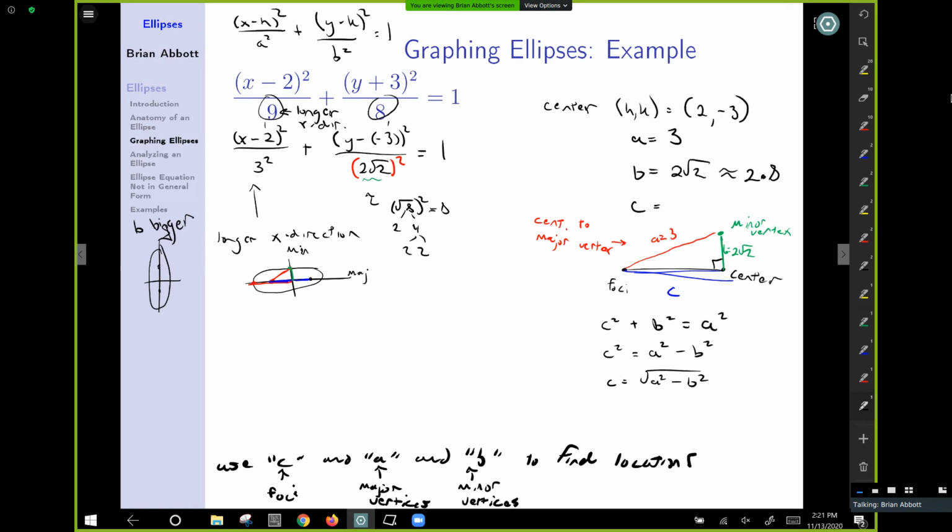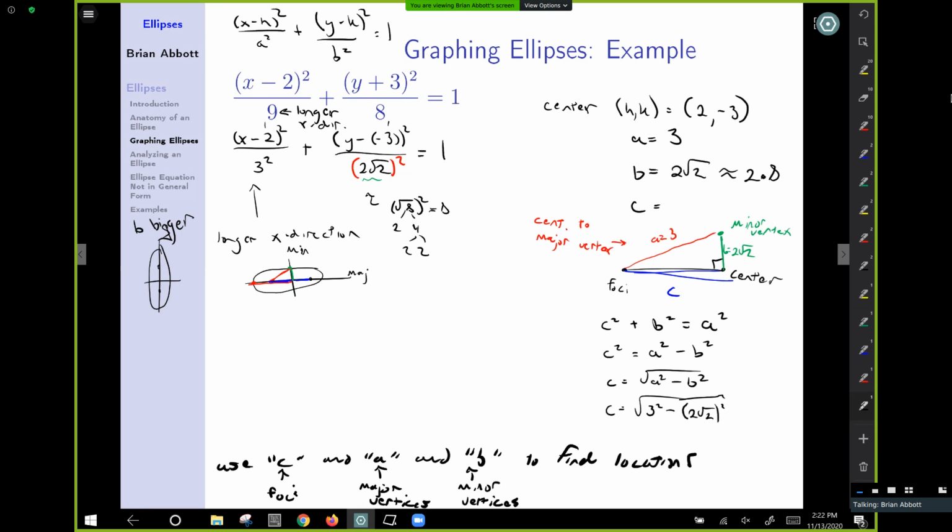So now A squared and B squared, well, you can be clever and realize that they are the actual original numbers underneath, but I encourage you to always work with the values that we solved for, since maybe we don't know A or B in the next example. So A is 3, so C is equal to the square root of 3 squared minus B squared, and B is 2 root 2 squared.